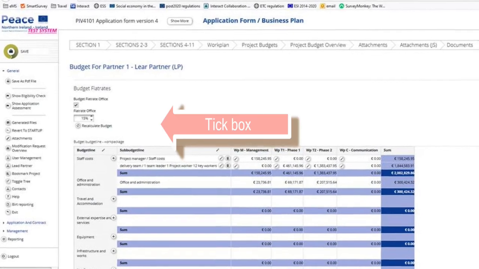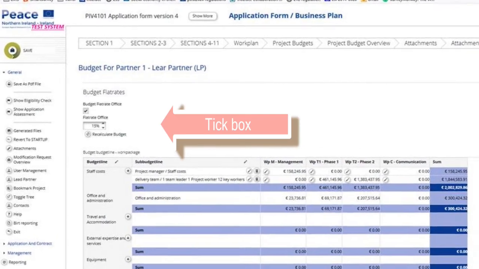Okay, and then when you're on EMS, how do you claim that? On EMS, at the project application stage, the projects would have had an opportunity to tick a flat rate tick box. Now, if that was selected, EMS essentially does the work for them. So when the projects input their staff costs on EMS, it will automatically generate the 15% flat rate for them.